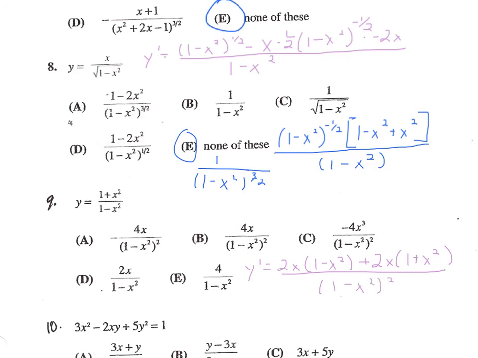And then let's simplify the top. So we'll get 2x minus 2x cubed plus 2x plus 2x cubed. So it looks like we'll just be left with a 4x on the top and a 1 minus x squared squared on the bottom. So that will be choice B.